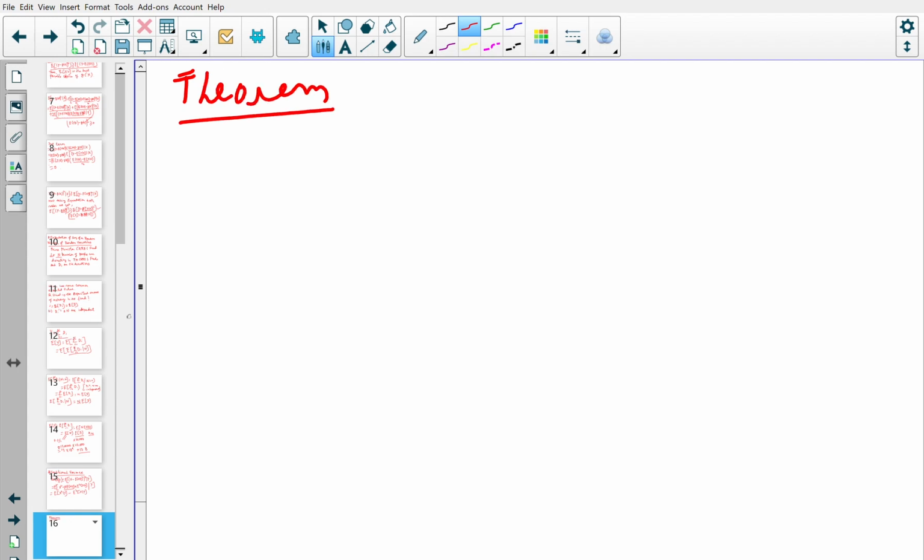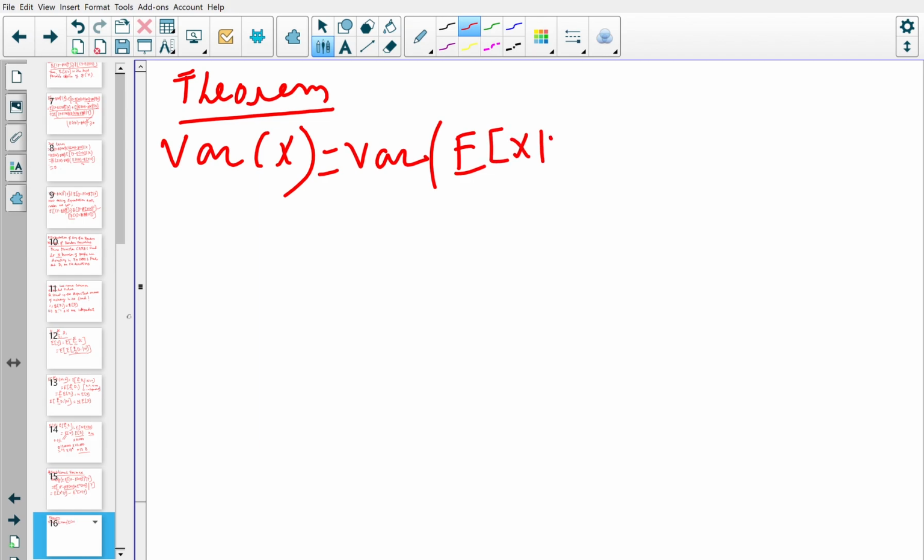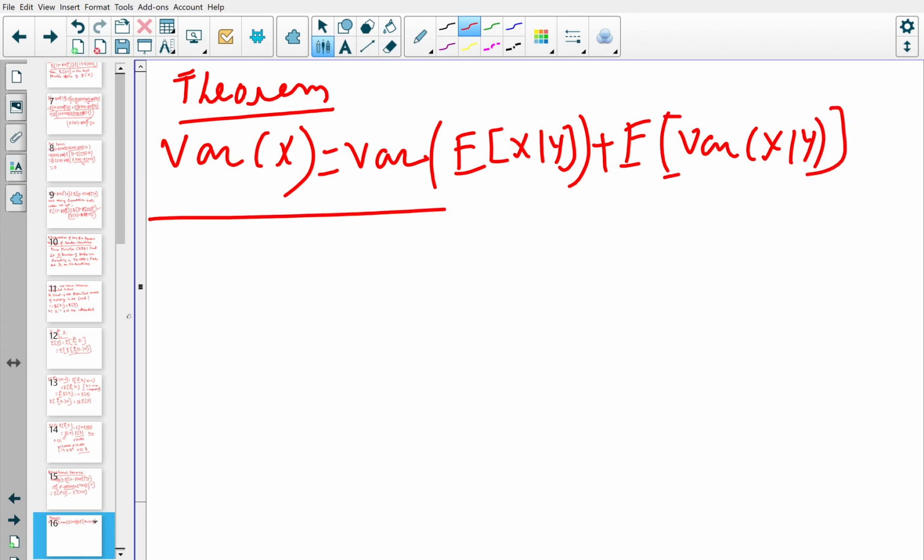The variance of a random variable x, whichever random variable x you choose, and if you have another random variable y, then it satisfies this: variance of x equals variance of expectation of x given y plus expectation of conditional variance. Okay, so this is the interesting result. Now how to prove this kind of result? So let me prove it. So, proof.